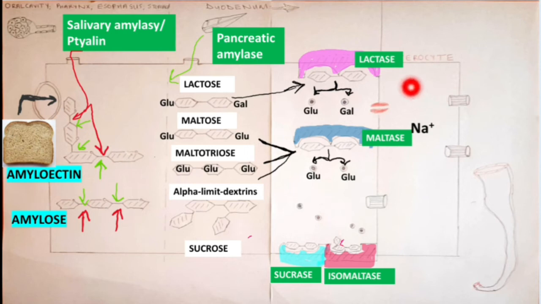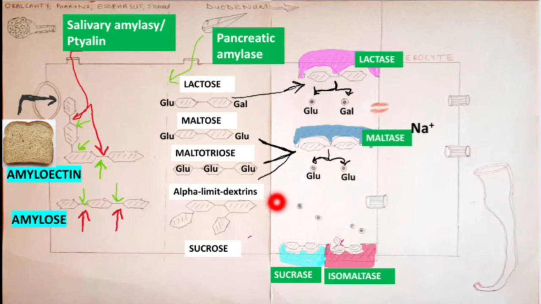So I said lactase gives two molecules of glucose. That is wrong, because I said lactose is made up of glucose and galactose, so it gives us glucose and galactose. That is perfect.